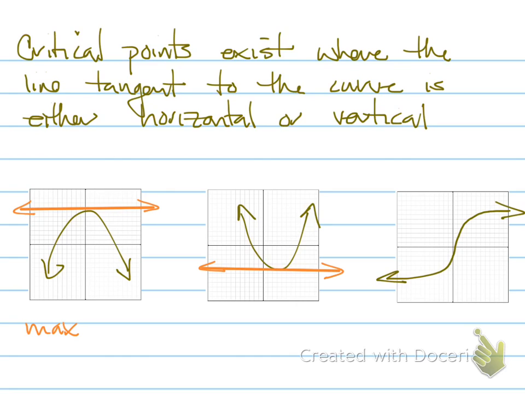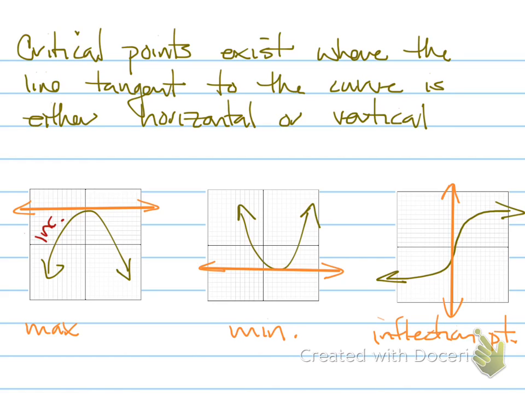There's a maximum at that point, and if we flip that parabola upside down, then we have a minimum value at that critical point, the point where the tangent line is horizontal to the graph. And then at this inflection point, the line that is tangent to the graph is actually vertical. So all those are critical points.